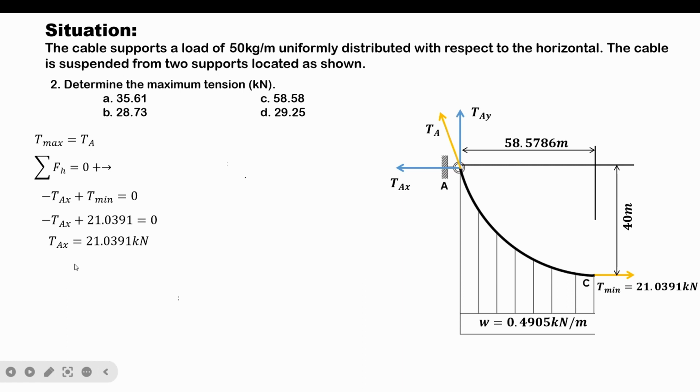Now, let's sum forces along the vertical direction, considering forces acting upward to be positive. Let's first consider the vertical component of the tension at A, and as you can see, it is acting upward, so we have positive TAY. The other remaining vertical force in this equation is the weight carried by the segment being considered. Let's denote the vertical resultant of that weight to be W1.